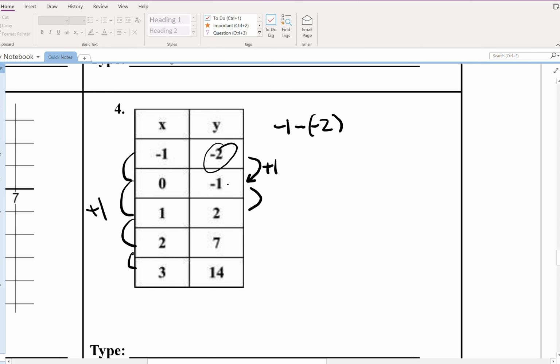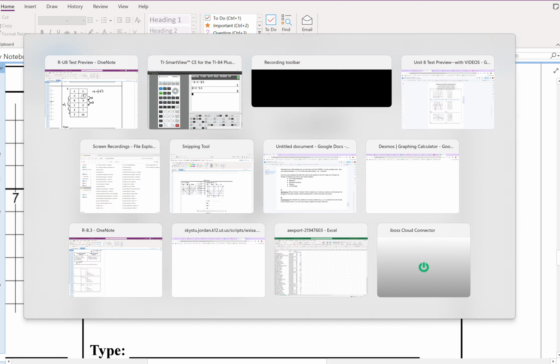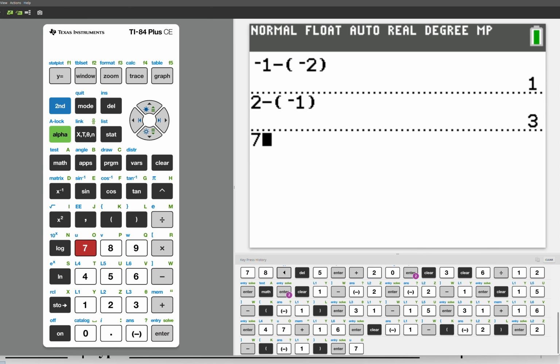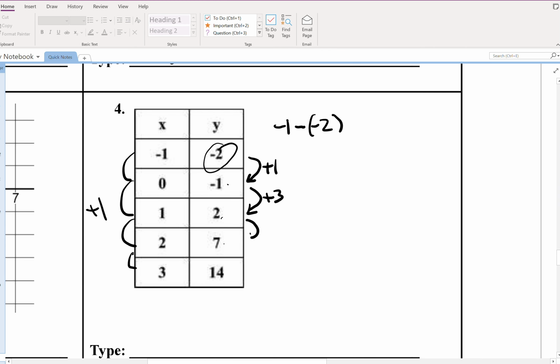So this one is plus 3. All right, what about 7 minus 2? If I take 7 minus 2, that's 5. So this is an increase of 5. 2 plus 5 is 7. I think I start to see the pattern here. 7 and 14.